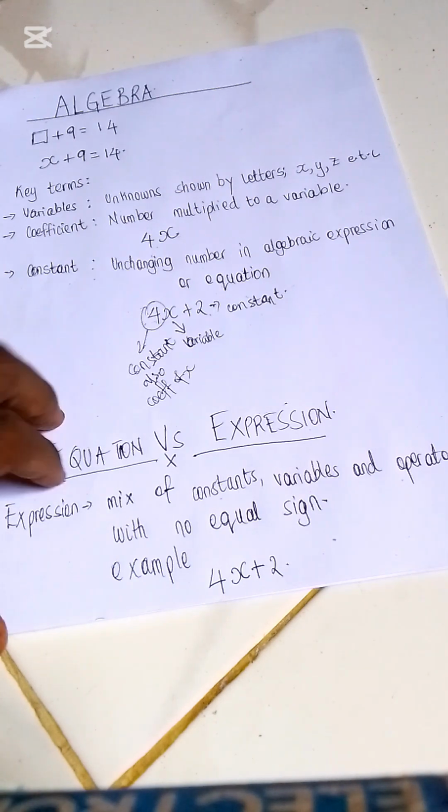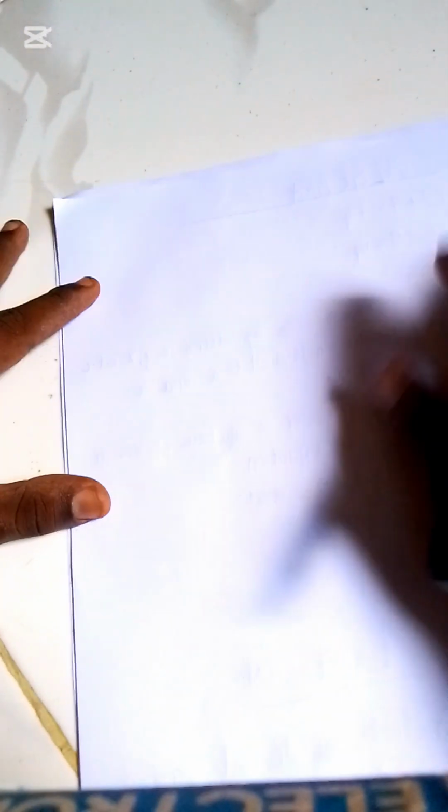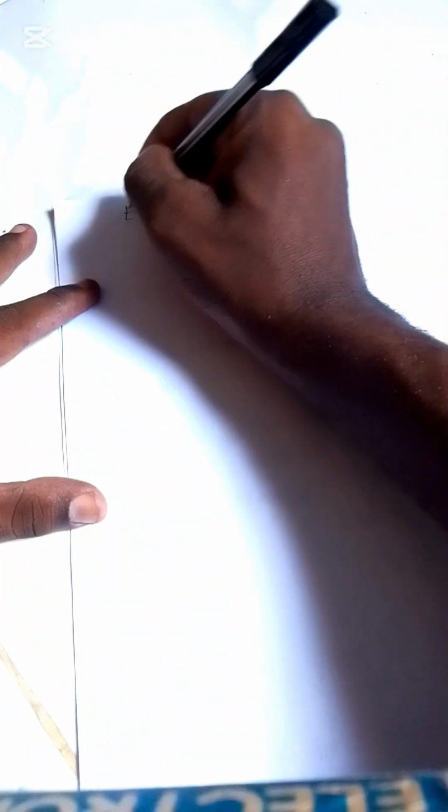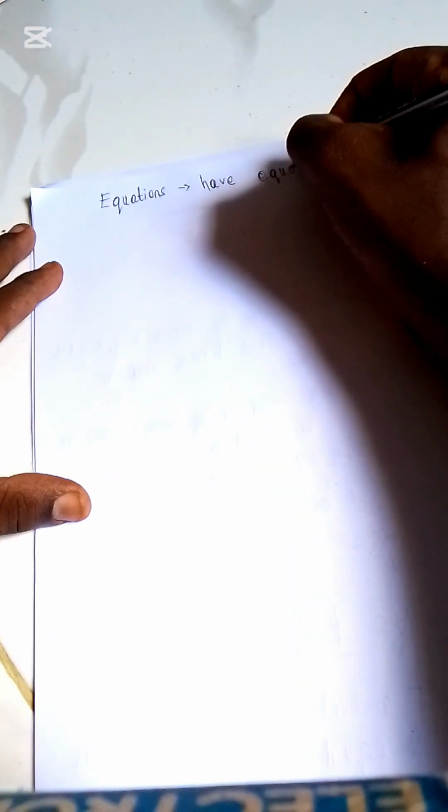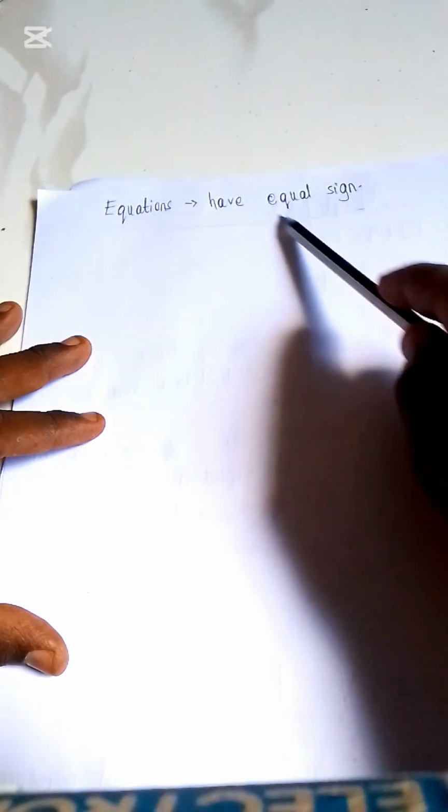The difference is that in equations we equate two things. We make two expressions equal.